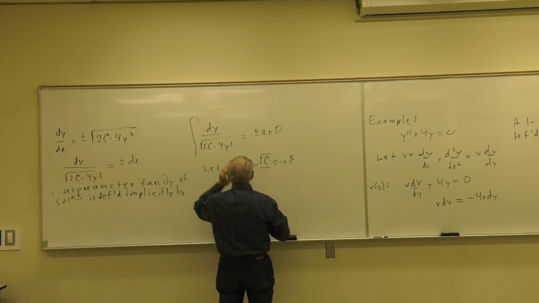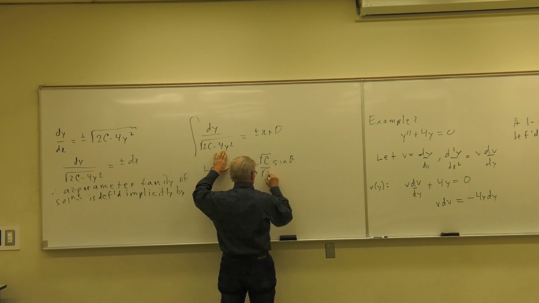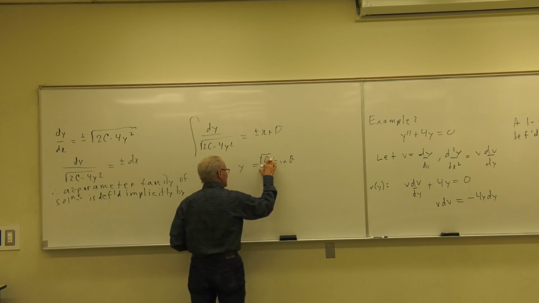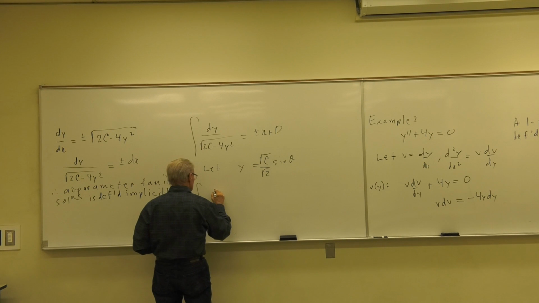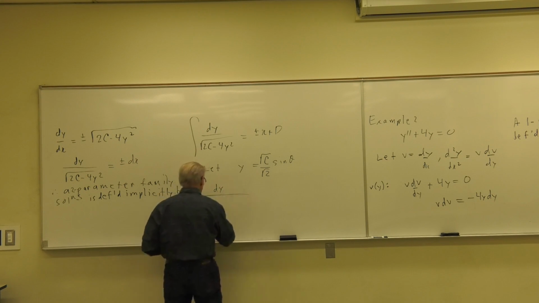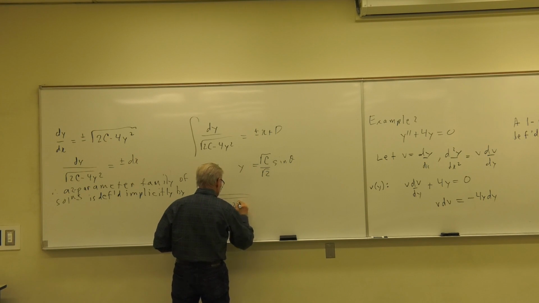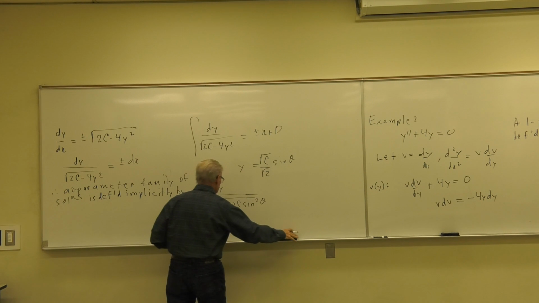On the bottom, let's see. On the bottom, I want to get a 2, and I got a 4. How about a root 2 there? If I square this now and put it here, am I going to see dy over the square root of 2c minus 2c sine squared theta? Is that what you're going to see?